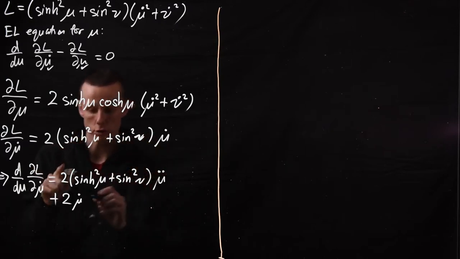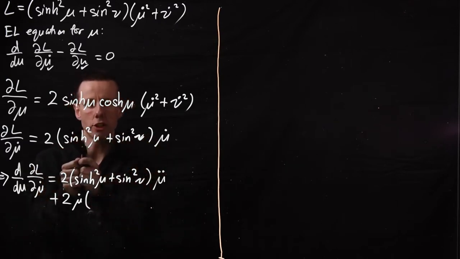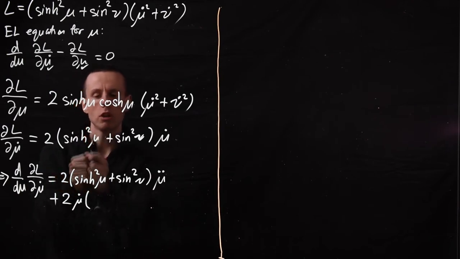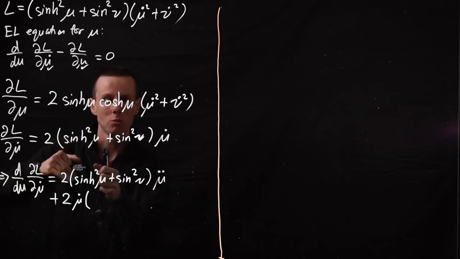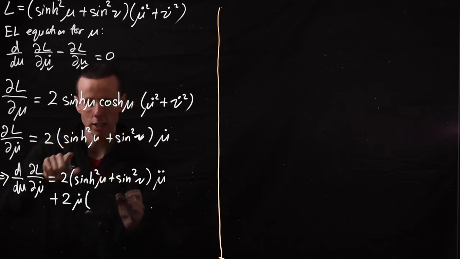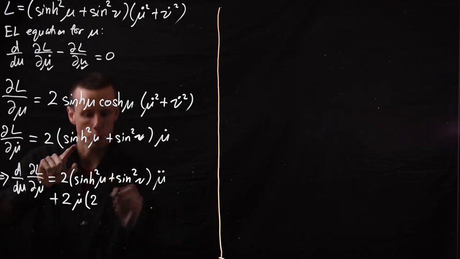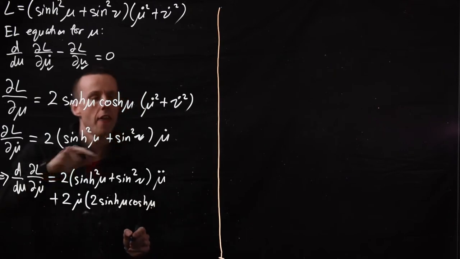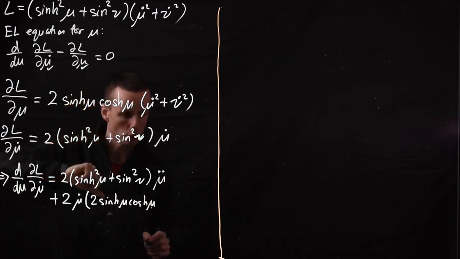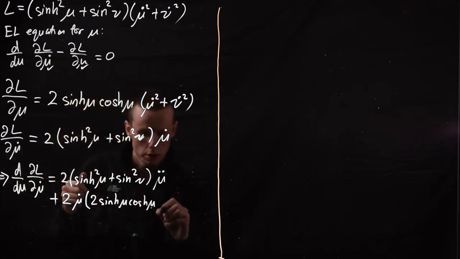And to do that, I have to use the chain rule. So differentiate the first term with respect to u. How do I do that? Okay, how do I differentiate sine squared mu with respect to u? I differentiate it with respect to mu first, and then multiply the answer by d mu by du, which is just mu dot. So differentiate this, with respect to mu you get 2 sine mu cos mu, and then multiply by d mu by du, which is just mu dot.